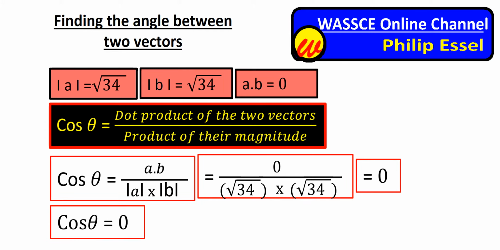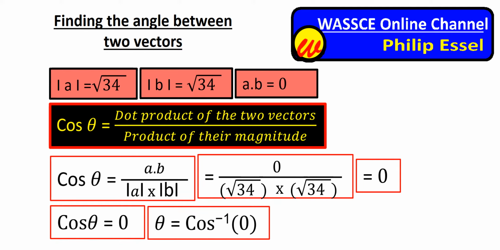What this means is that our cos theta would also be equal to 0. Our theta would therefore be equal to cos inverse of 0. When you punch cos inverse of 0 on the calculator, you would get 90 degrees. Therefore, our theta, which is the angle between the vectors A and B, is equal to 90 degrees.